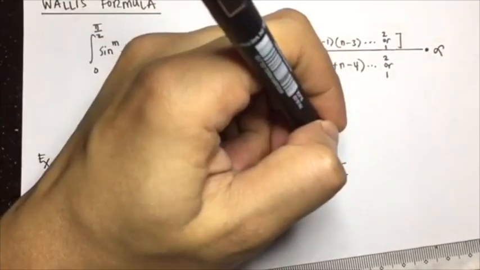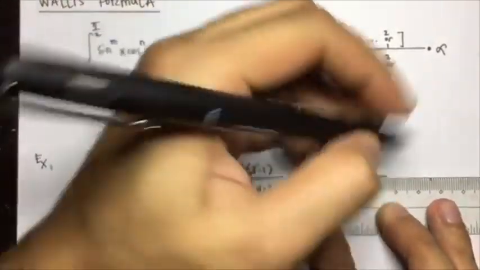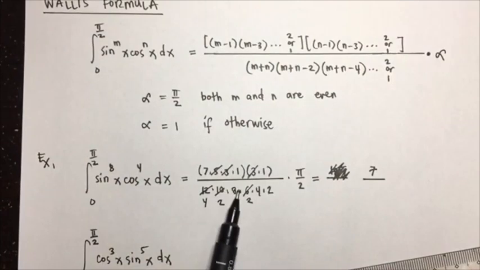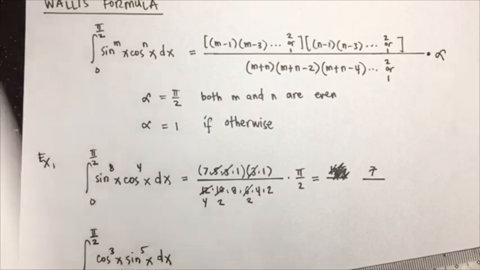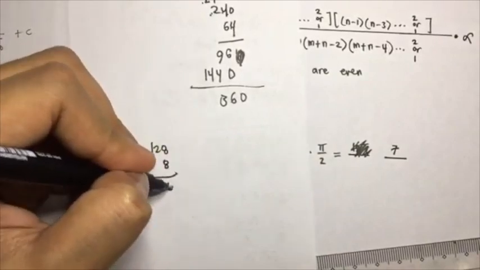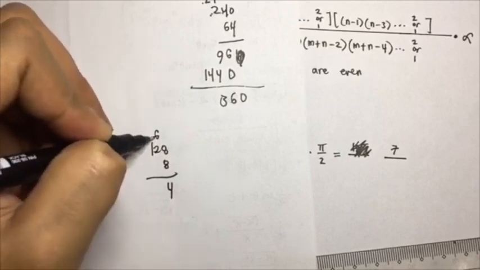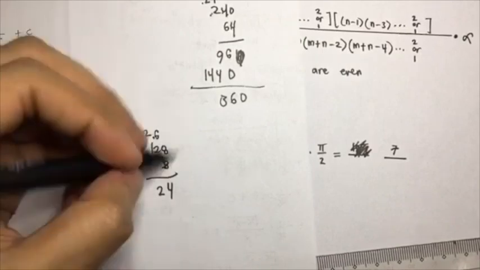So what remains is actually only 7 over, multiply 2 times 2, 4, times 2, that is 8, times 8, that is 64, times 2, that is 128, times 8. So 128 times 8, and we have 64. And then this will become 16 plus 6, that is 22. And then 1024.